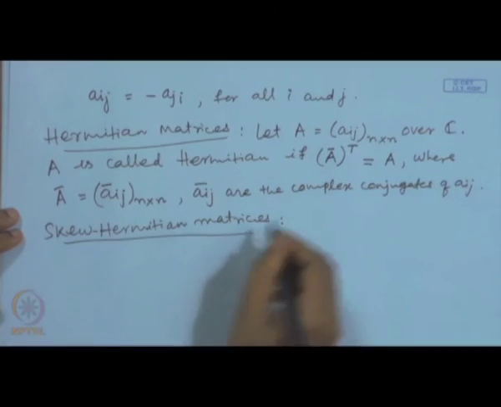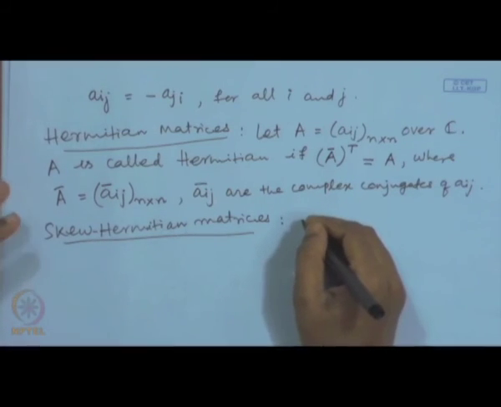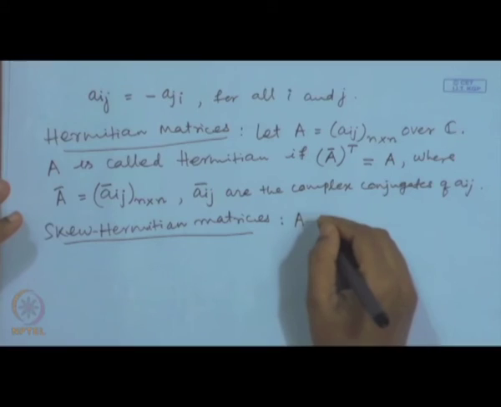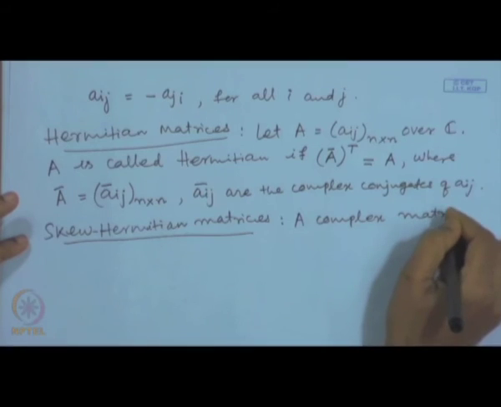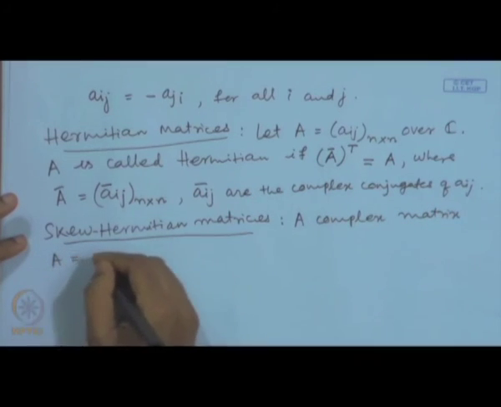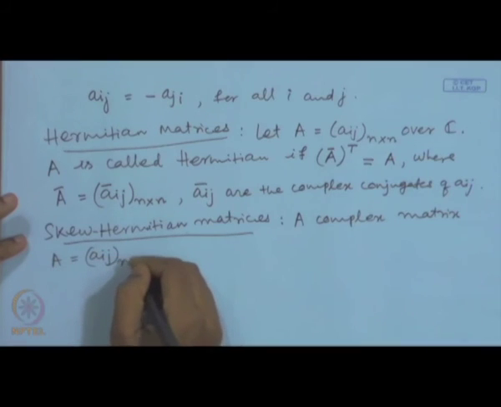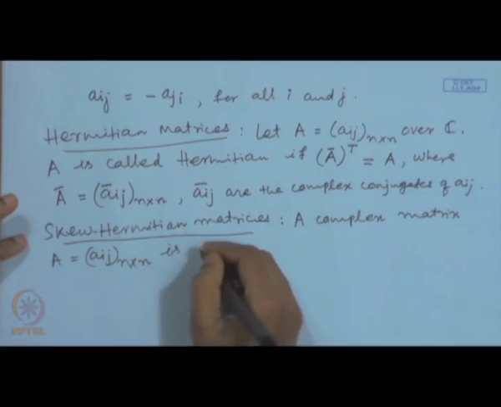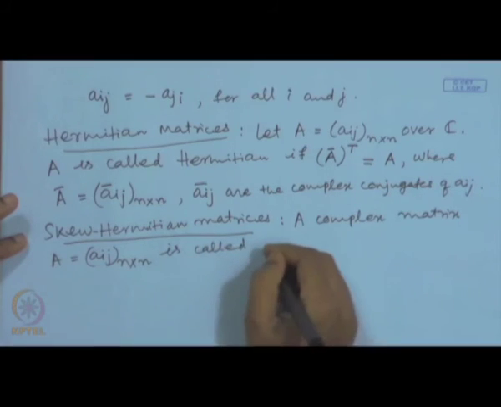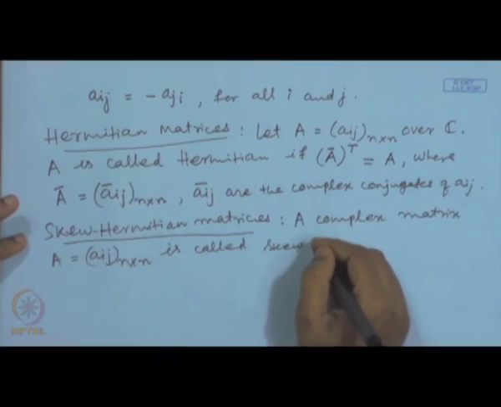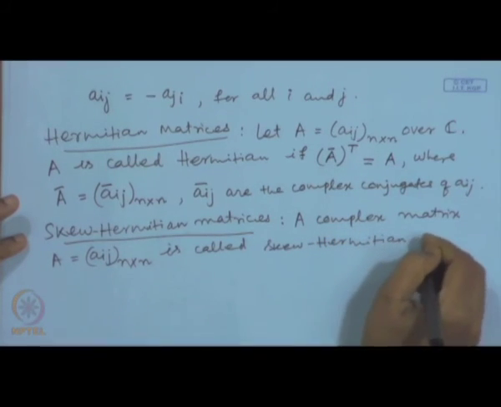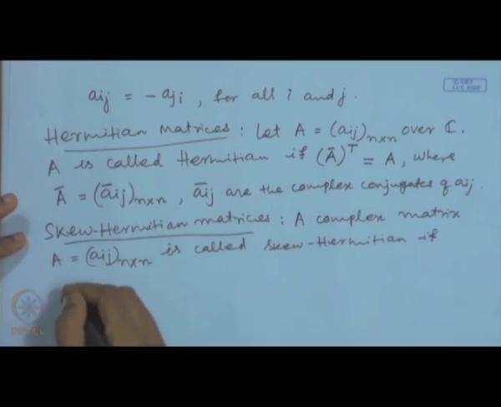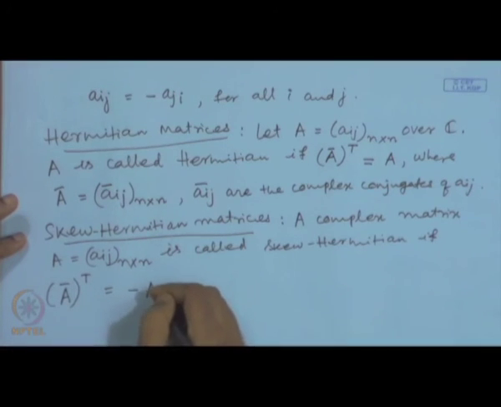So, we say again a complex matrix A with entries Aij, which is a square matrix, is called skew Hermitian if A conjugate transpose is equal to minus A.